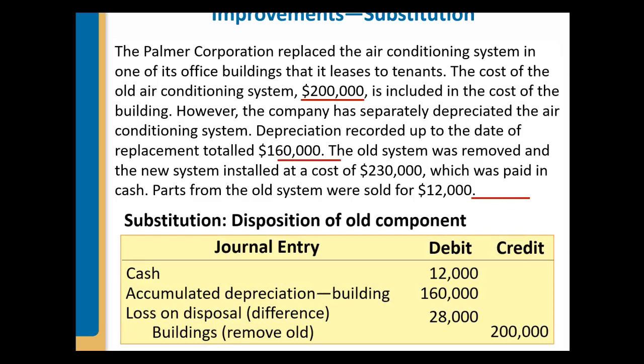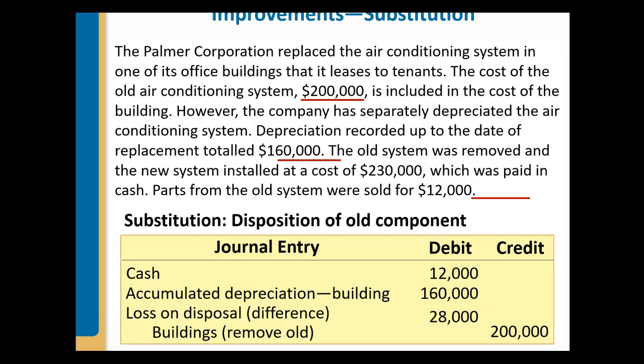So under the substitution method, we would record a journal entry for the disposition of the old component. Accumulated depreciation on the building through the date of replacement of $160,000, and parts of the old system sold for $12,000 get debited. The actual cost of the air conditioning system included in the cost of the building of $200,000 is credited.